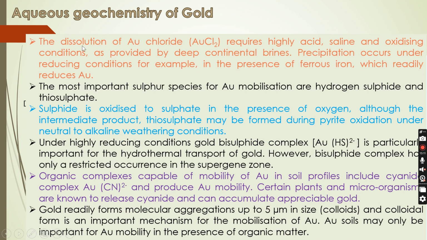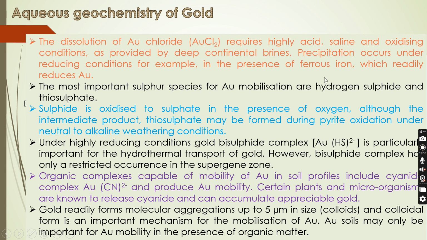Now further, a few important points. The dissolution of gold chloride requires highly acidic, saline, and oxidizing conditions. Acidic means pH has to be low, saline, and oxidizing means Eh must be a little higher, as provided by deep continental brines.